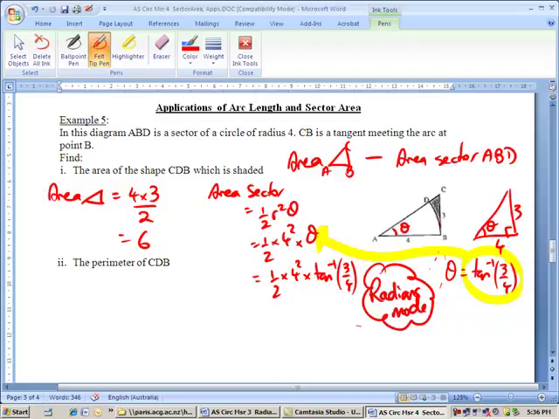And if I take my area as being 6 minus half times 16 times the inverse tan of 3 over 4, that will give me 0.852.